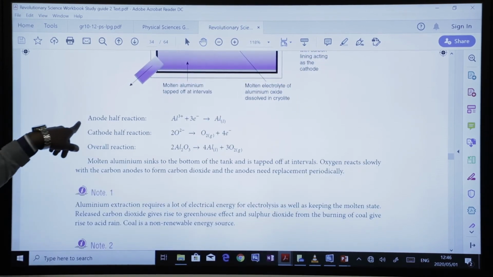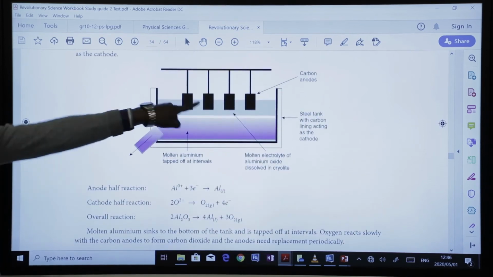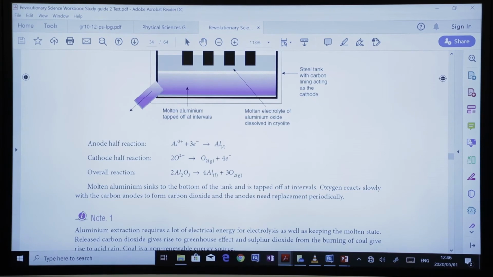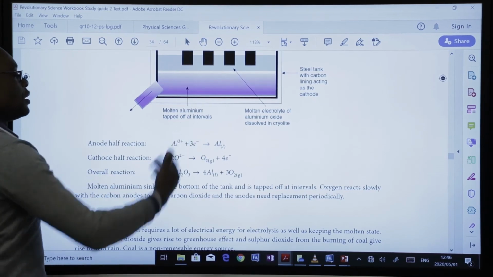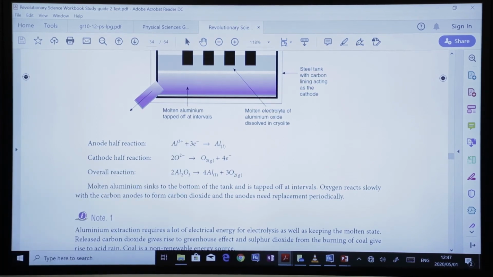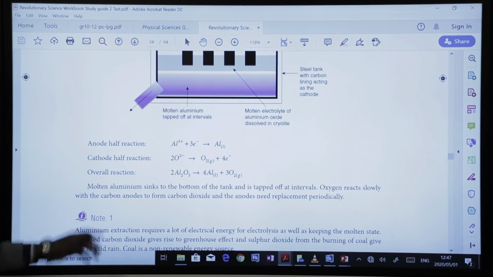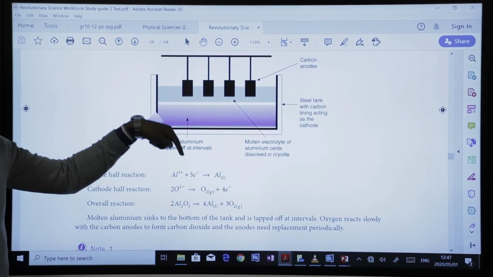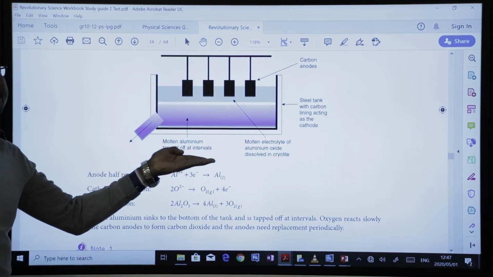We are saying that at the anode half reaction, the anode is here. Aluminium 3 plus picks up electrons and goes into solution as a liquid. It melts and becomes a liquid. So when it melts and becomes a liquid, it sinks at the bottom of the tank.